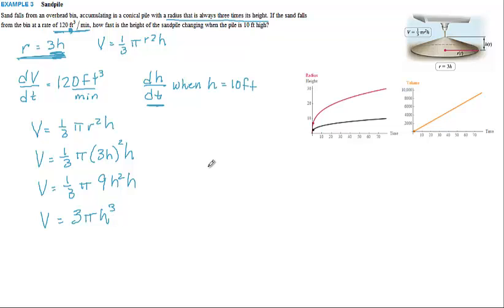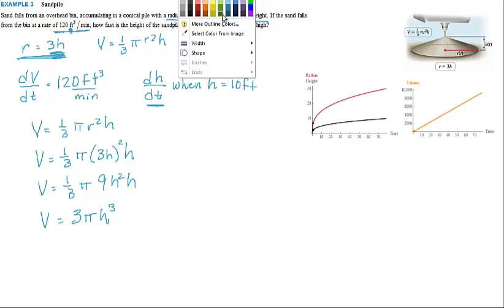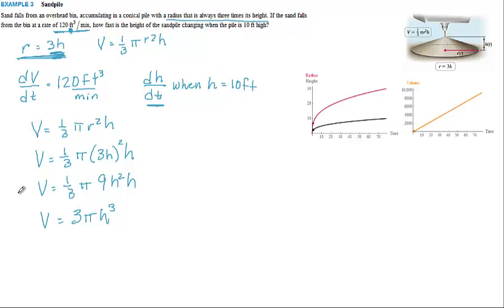So let's look at taking the derivative of both sides with respect to time. Let's do this in green. Derivative of volume with respect to time. This is just a constant, so that'll come out front. I'll have dV over dt equals 3 pi. Take the derivative of that height because it is changing with time.